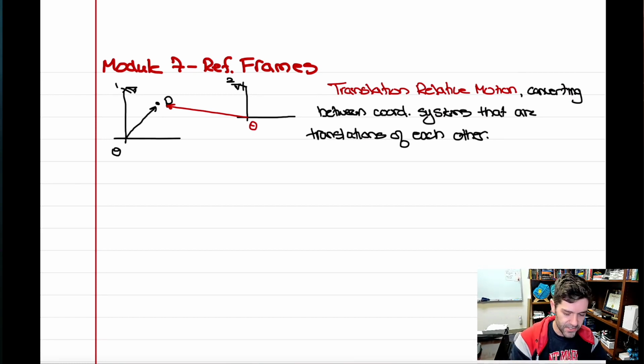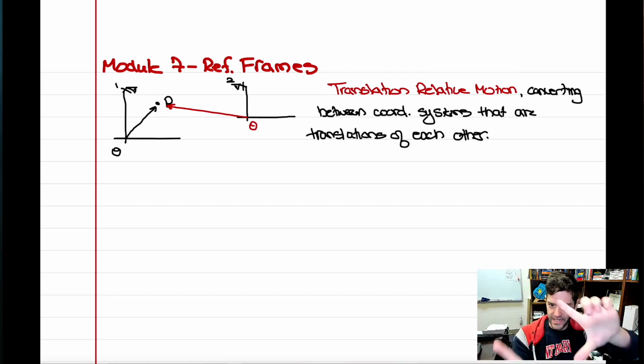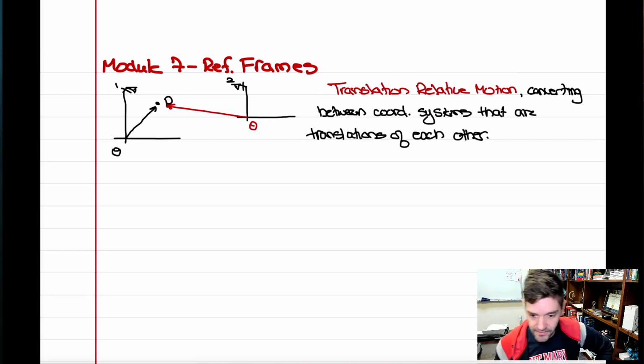And by translation, it just means that I'm moving the thing up and down, left and right, backward and forward. I'm not rotating at all. That will be the second half of today, where I might want to rotate the coordinate systems.